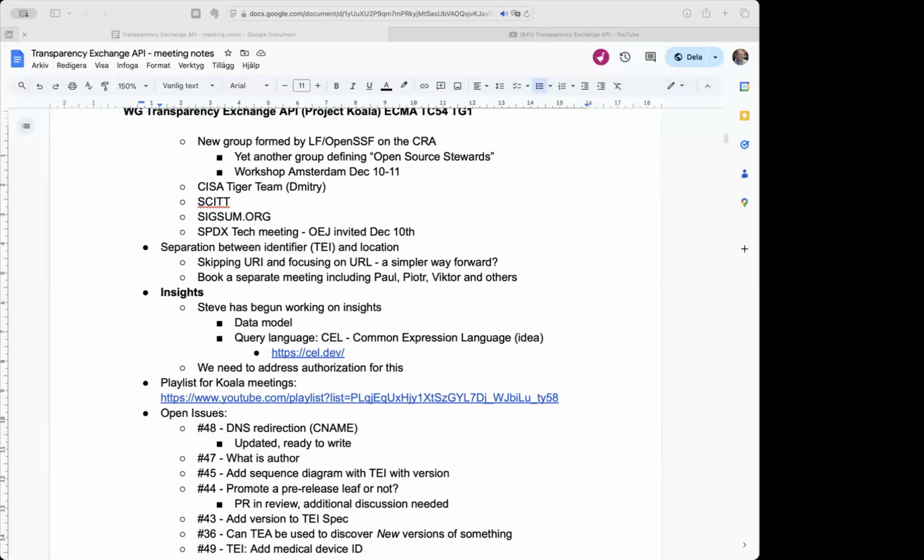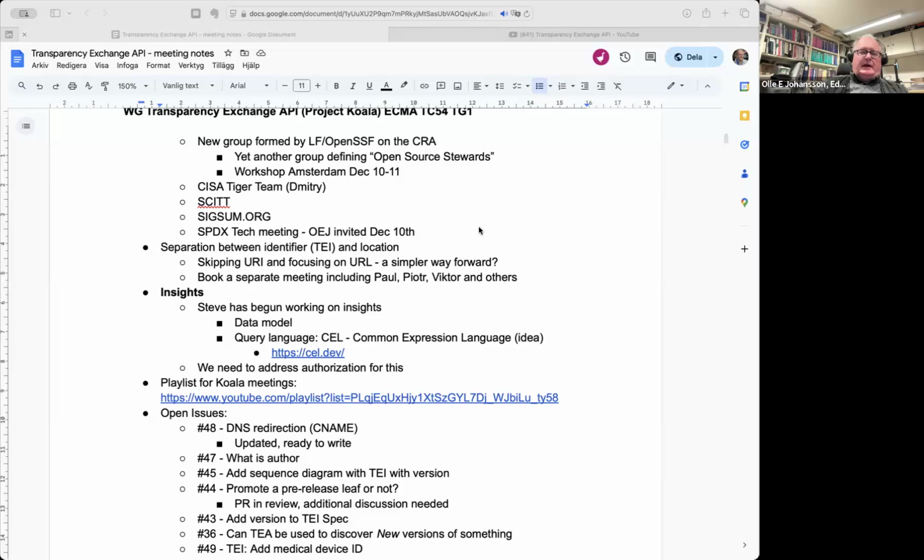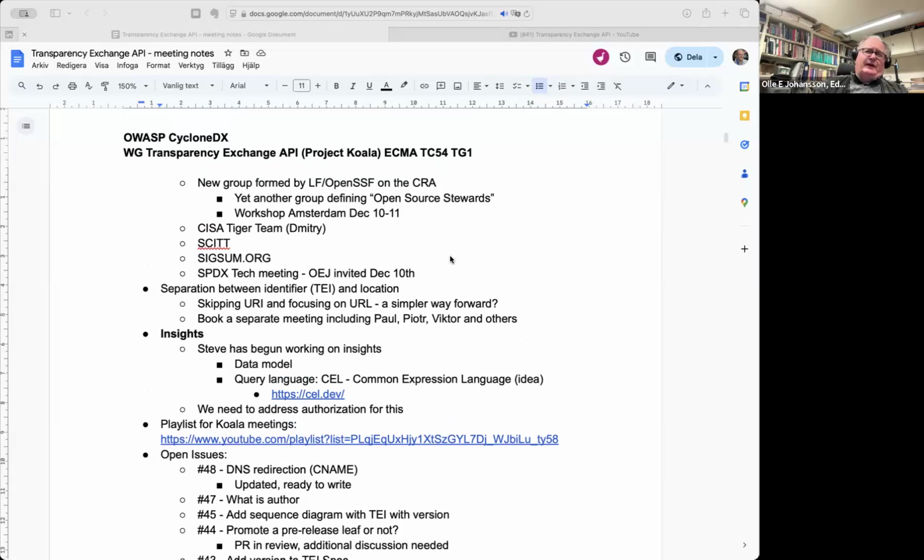Okay, Valerio, you had your hand up. Yeah, just two words on what is going on in Amsterdam, because I'm Amsterdam-based. I see that there is a workshop in Amsterdam in December. Yes, OpenSSF and Linux Foundation Europe are running a workshop on the CRA, and they're going to start a couple of work groups. I haven't got all the details, but if you find me on Slack, I can provide you with a contact person.